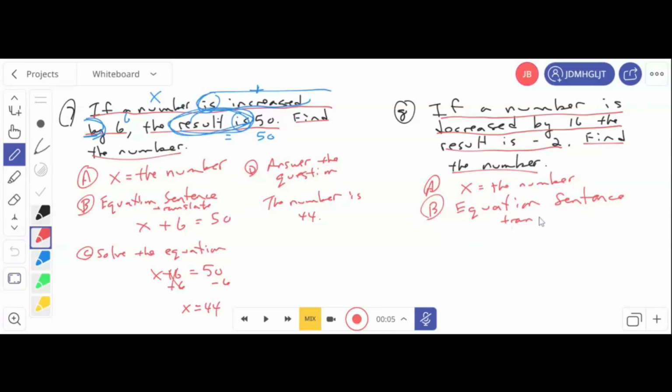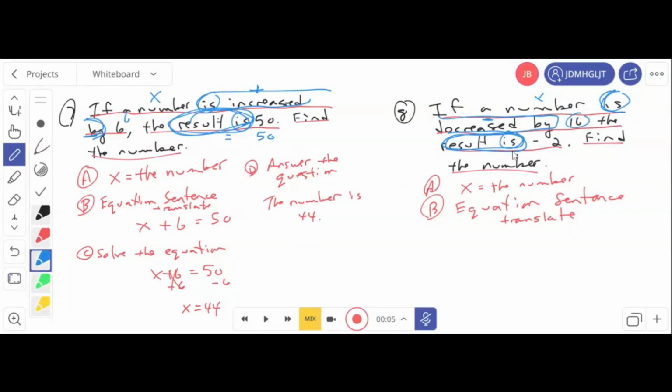So now we need to translate. We do have the word is in there twice, but here is decreased by goes together, and the result is goes together. So a number would be x, is decreased by means we are subtracting 16.